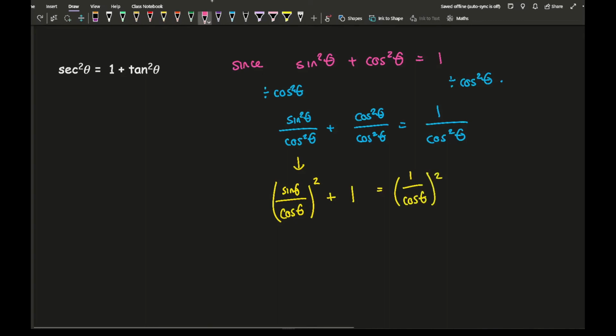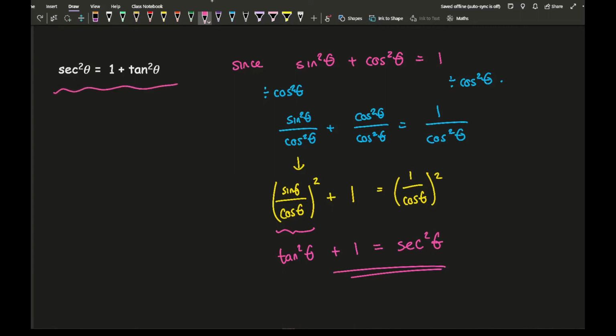Now, from this we know that this is basically tan squared theta plus 1, and 1 over cos is just sec, so that's going to be equal to sec squared theta, and there we've proved this second identity.